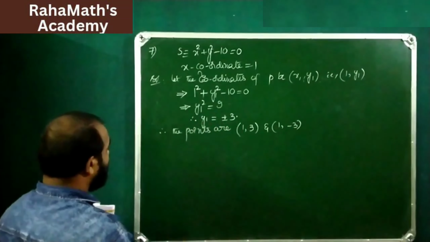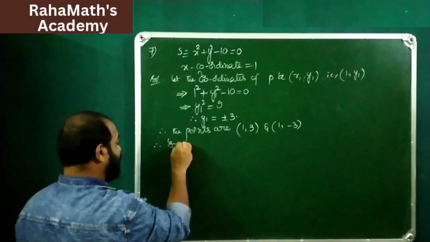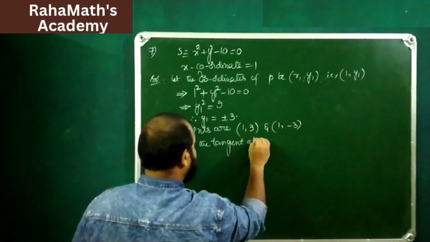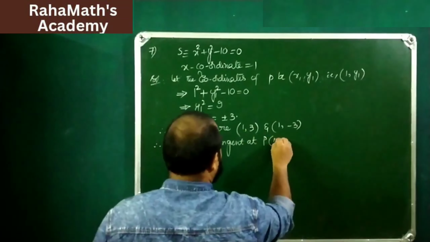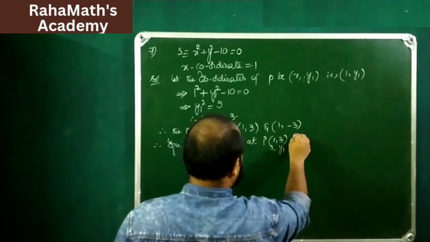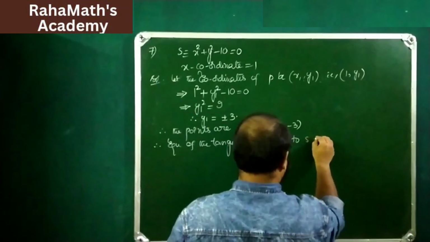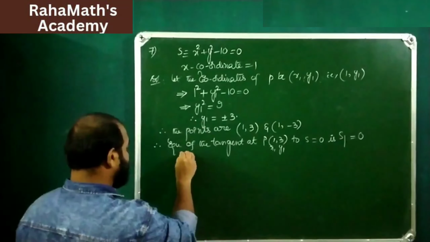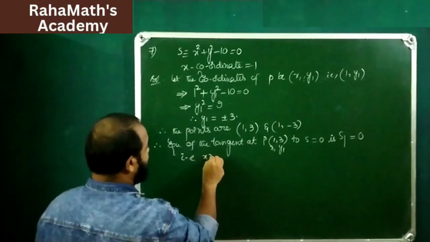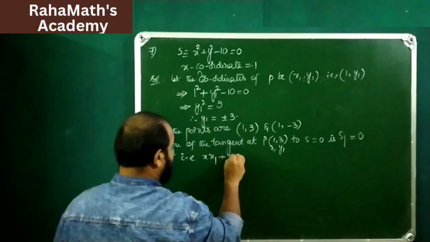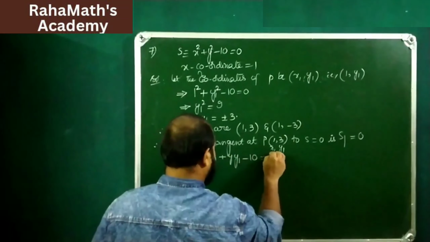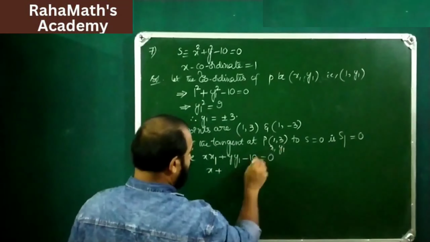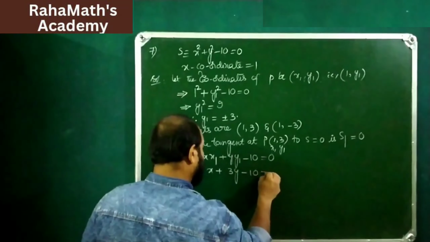So, therefore, the equation of the tangent at P (1, 3), this is (x1, y1), to circle S equals 0 is S1 equals 0. That is x x1 plus y y1 minus 10 equals 0. If you substitute, x into 1, x plus y into 3, 3y minus 10 equals 0.